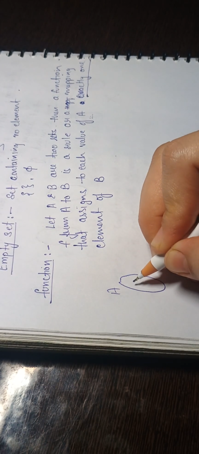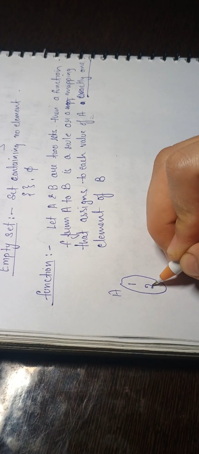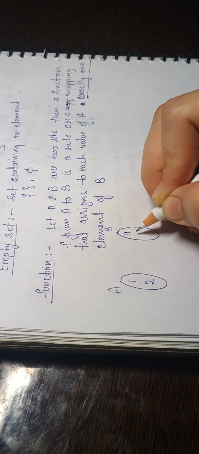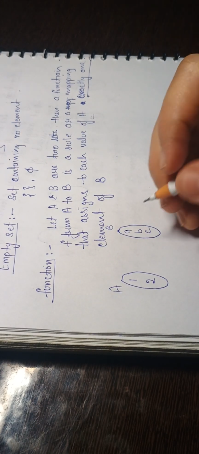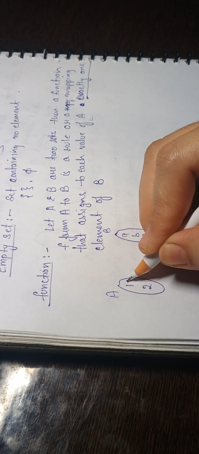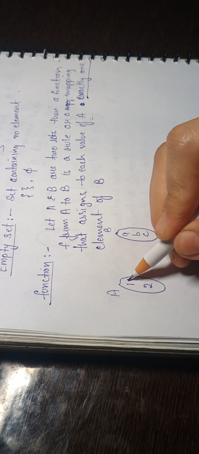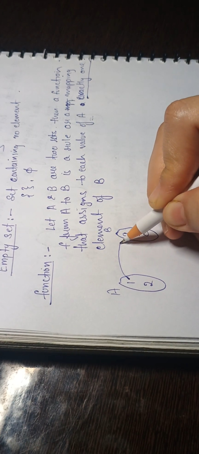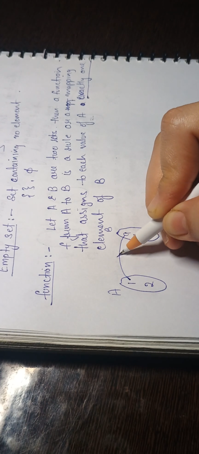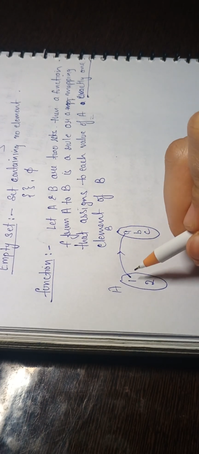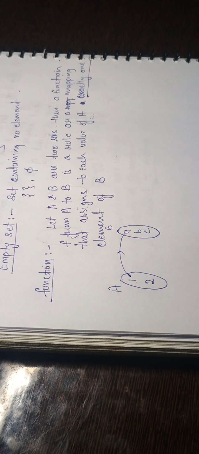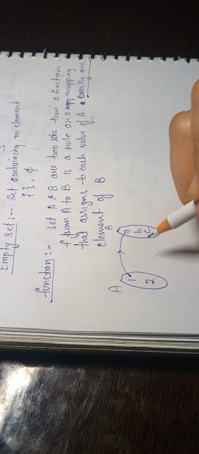If we have a set A containing two elements 1 and 2 and a set B containing three elements a, b and c, and if I have a relation that 1 is related to a, or a is the value assigned to 1, then can I say that this is a function?